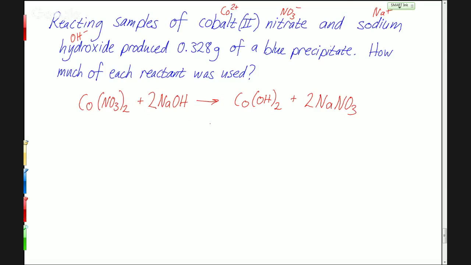All right, so anyway, this is our precipitate. So that means that we start with 0.328 grams of cobalt hydroxide.